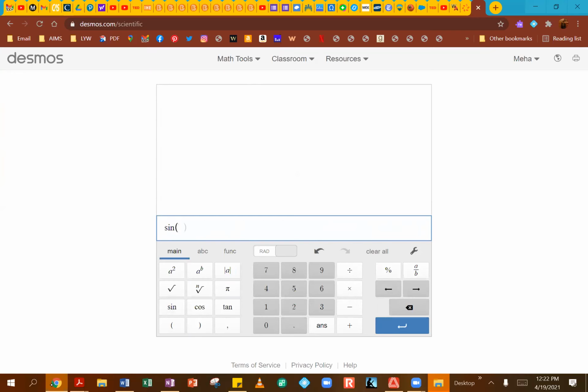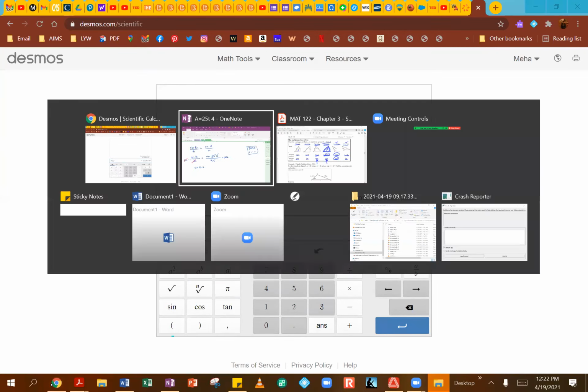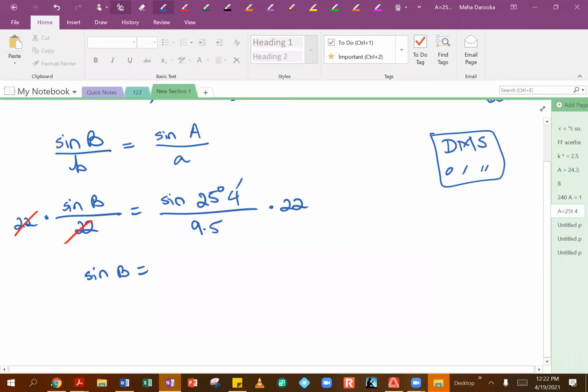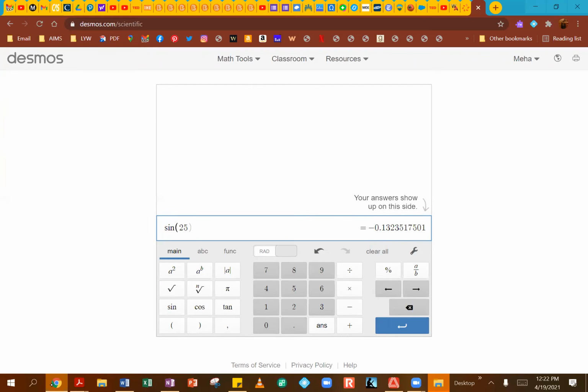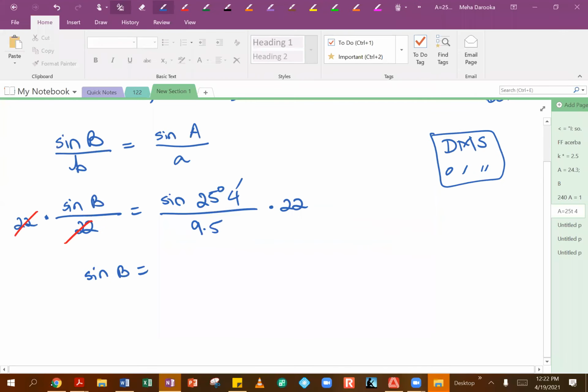We want to do sine of 25 degrees. That kind of is interesting because if we did plus 4/60 for those minutes, this is what you're going to get. You will see I'm leaving that as a fraction, 4/60, because I don't want to mess around with those non-terminating decimals. So you can do that.